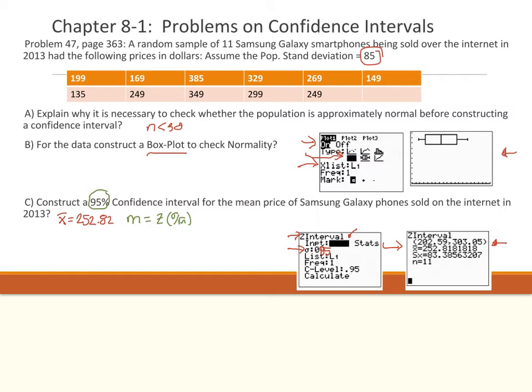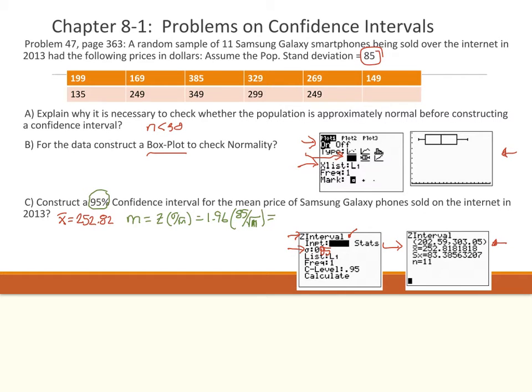And we find a Z value for 95% to be 1.96. And we know in this case what sigma is. Sigma is 85. And we have 11 prices. So our n is 11 here.